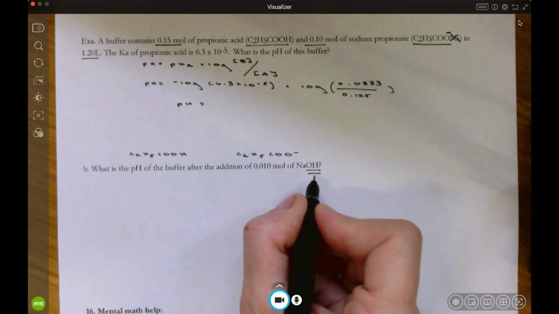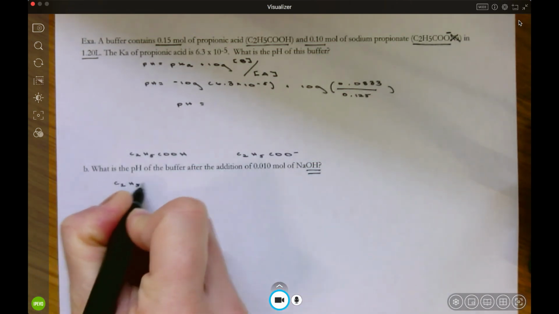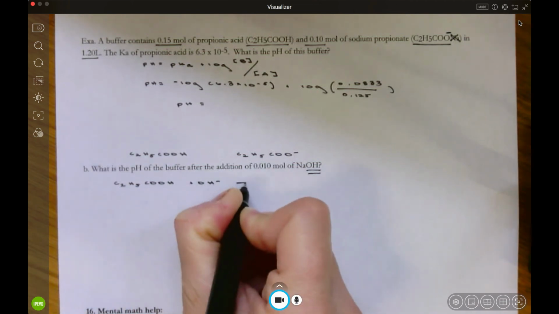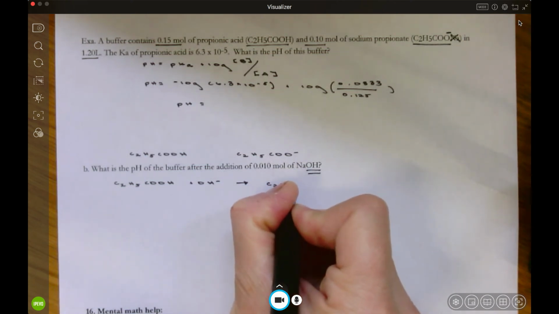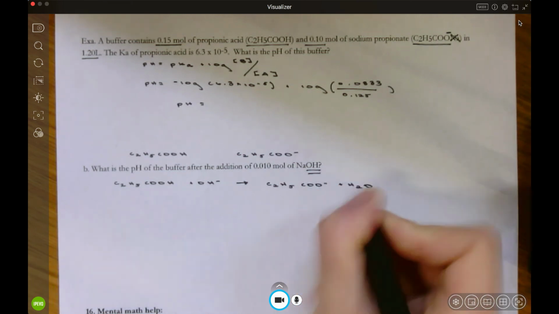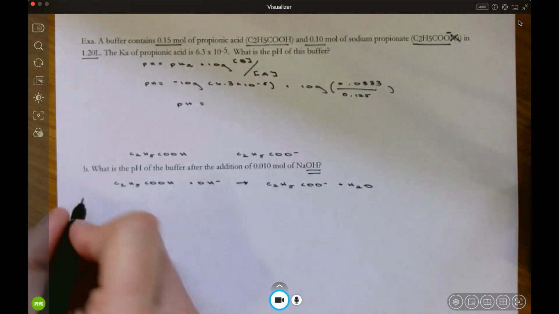Okay, so here, because I'm adding a strong base to a weak acid, I'm going to write out this reaction. It's going to react completely to form the weak base and water. So the weak acid reacted with a strong base.